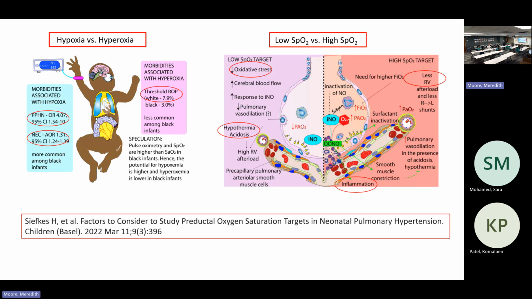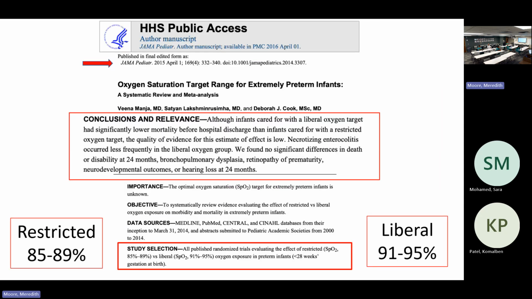This is a nice slide. There's no debate, because you'll get that question on the boards. There was a lawsuit because of that debate, as you all know. There's a paper published in the New England Journal of Medicine, the SUPPORT trial by the NICHD. The NICHD was sued by the families of babies who were enrolled in the 85 to 89% arm, because they had a higher mortality and less ROP, whereas the others had lower mortality in the 91 to 95% arm.